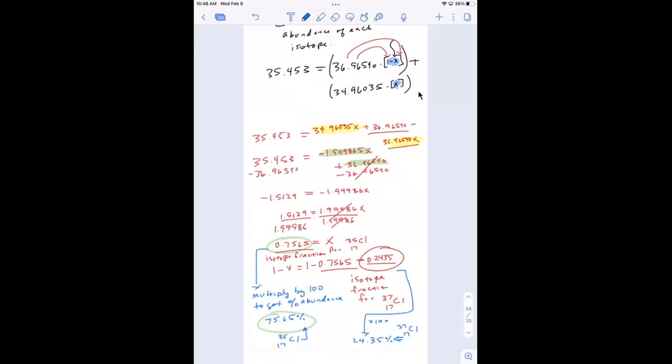It means that if you were to dig up, let's say, chlorine is actually a gas, but let's say you collected a gas sample of chlorine, it will contain 75% of chlorine 35, and it would also contain 24% of chlorine 37. That's what that means, based on what we just calculated.